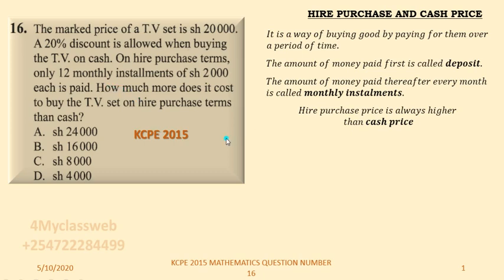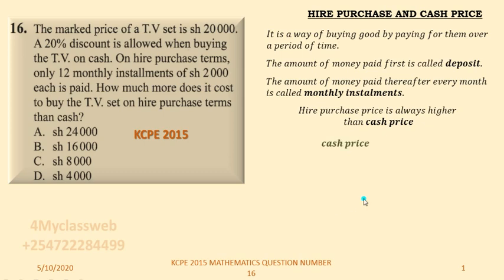As we analyze this question, we shall first of all work out the cash price, and then we shall work out the hire purchase price. From there, we shall compare the two, because the question is asking how much more does it cost to buy the TV set on hire purchase terms than cash. And therefore, we are expecting the hire purchase price to be higher than the cash price.